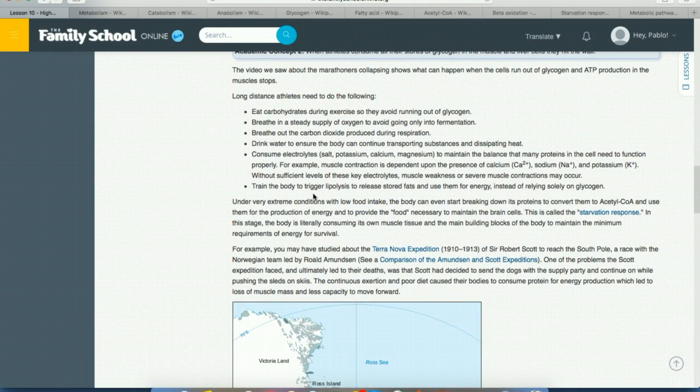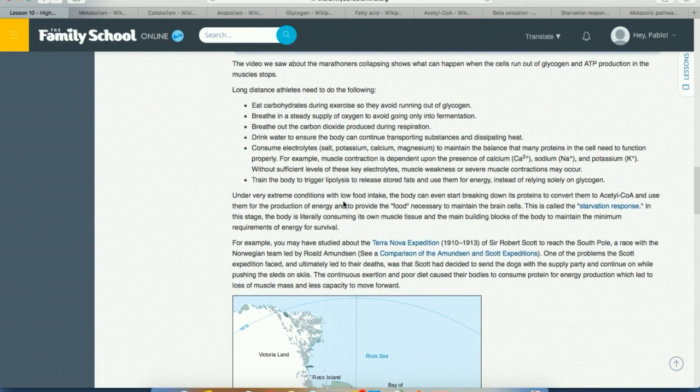And train the body to trigger lipolysis to release stored fats and use them for energy instead of relying solely on glycogen. So that is an important trick, and you do that through training. Let's see, under very extreme conditions with low food intake, the body can even start breaking down its proteins to convert them to acetyl-CoA and use them for the production of energy and to provide the food necessary to maintain the brain cells.